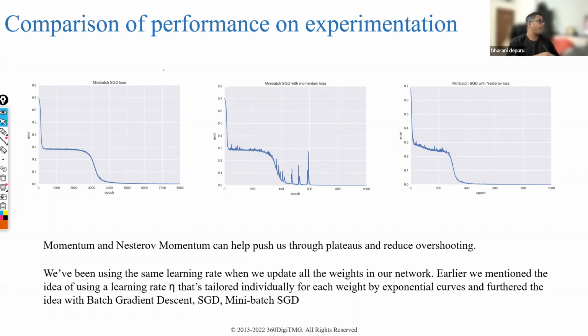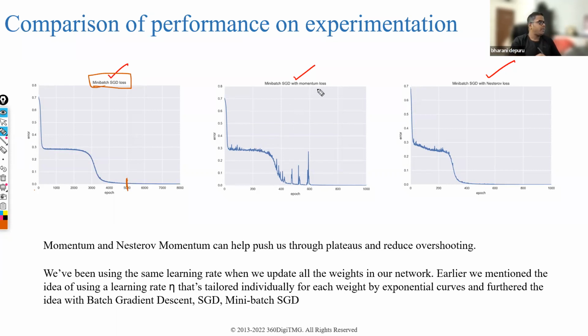So this is a quick comparison between mini batch SGD, mini batch SGD with momentum, and mini batch SGD with Nesterov Momentum. If you look at this, to reach the minimum error, it took almost 5,000 epochs when people use mini batch SGD.